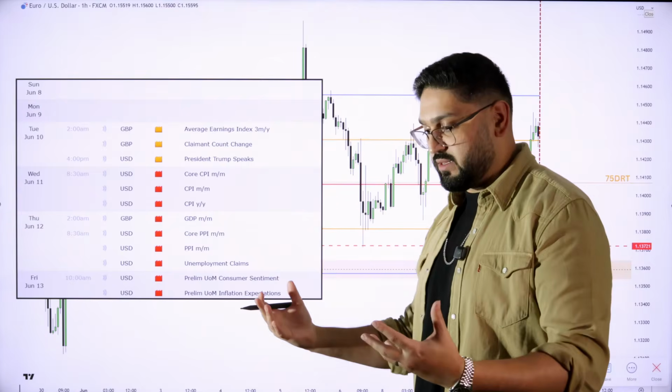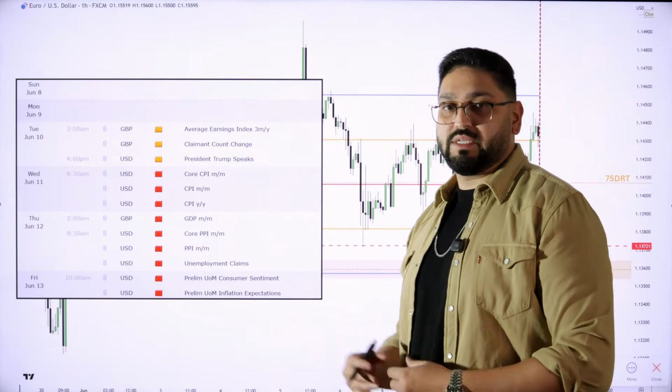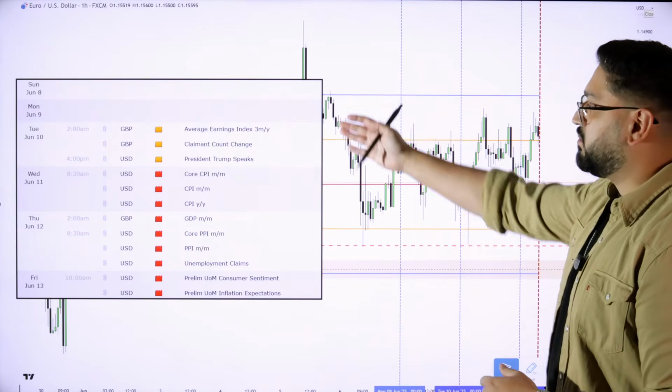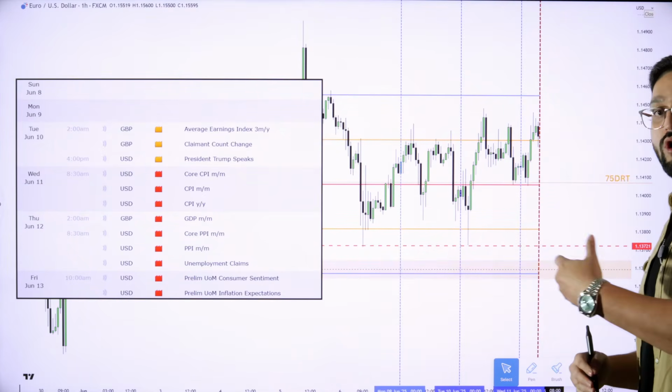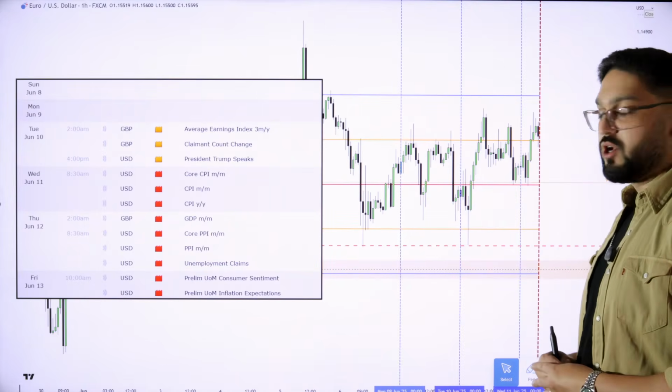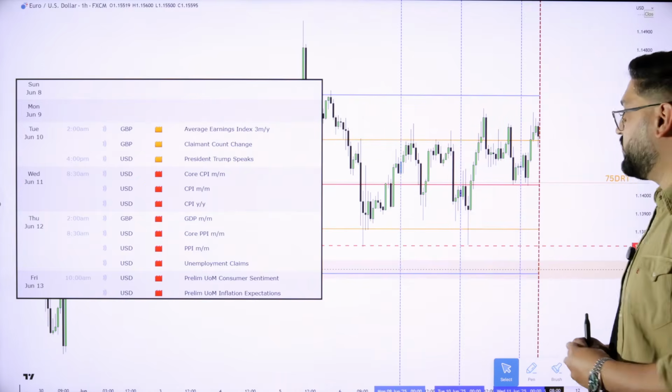Now I can understand that we are likely to be in a type 3 dealing range, in which case I'm going to look at Monday and Tuesday's trading as a consolidation that is likely to stay inside of the range until we get to our CPI news event.